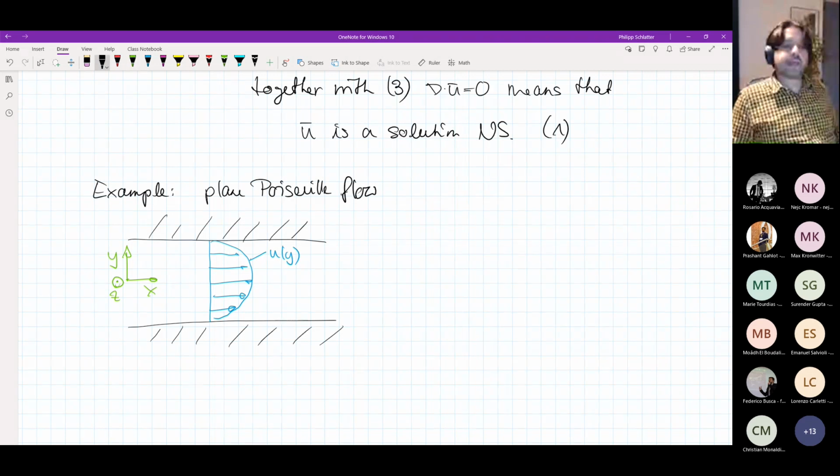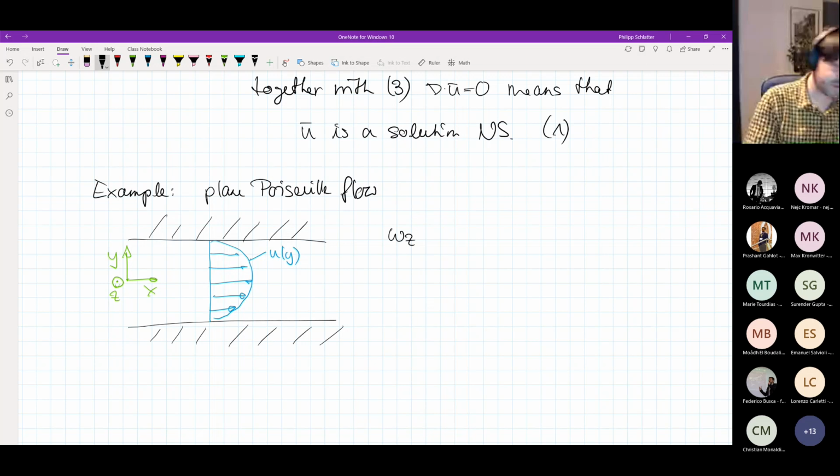Now, how does the vorticity of this velocity field look like? Well, it turns out there's only one vorticity component that is non-zero, and in this case that would be omega z, the vorticity component orthogonal to the paper. So omega z would now be something like minus du dy.